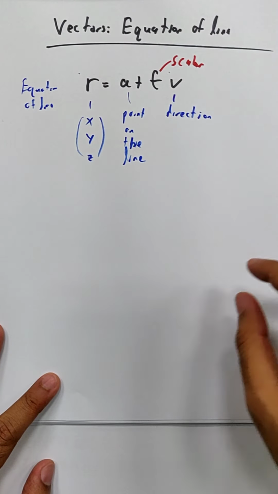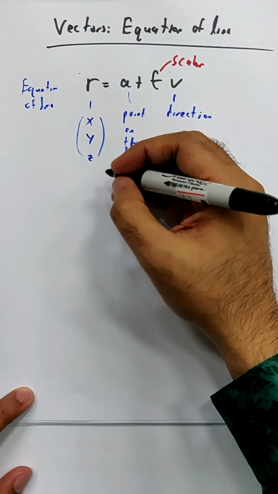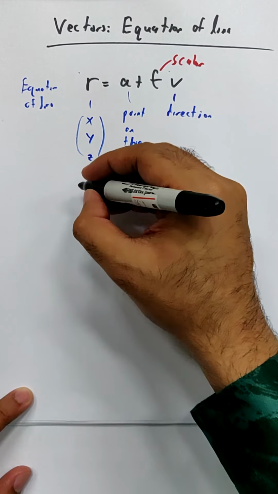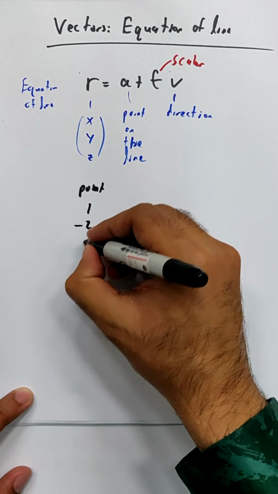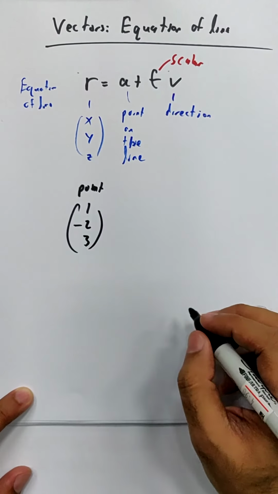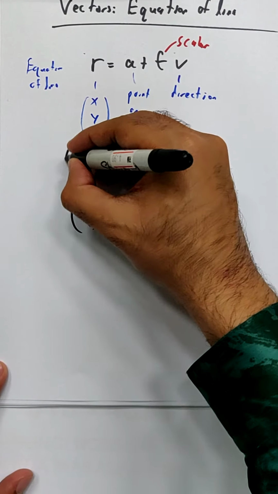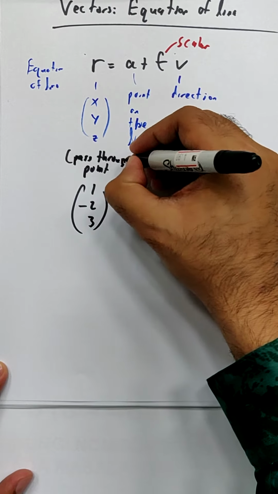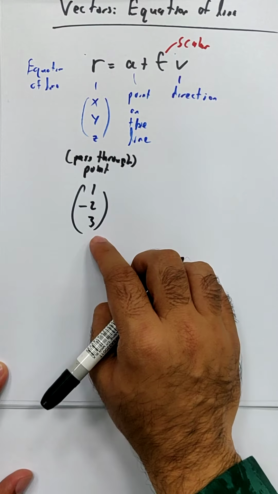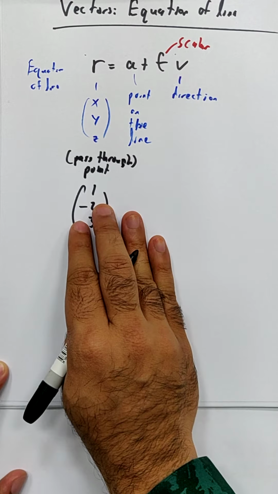So let's just visualize a little bit. If I give you, let's say, the point (1, -2, 3), or sometimes the question can also say it passed through (1, -2, 3). That means that's your point. Understand?